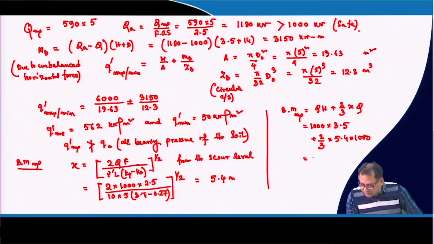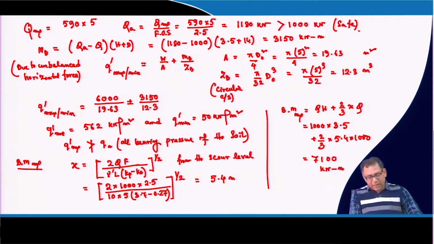So, this is 7100 kilonewton meter. This way we can calculate the position of the maximum bending moment, which is 5.4 meter below the scour level, and that value is 7100 kilonewton meter.